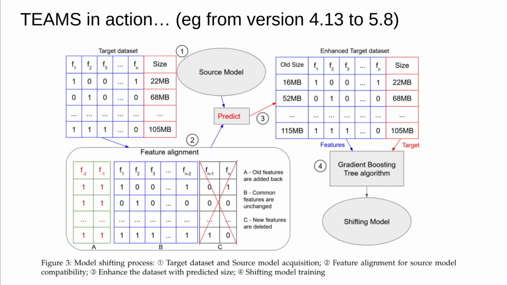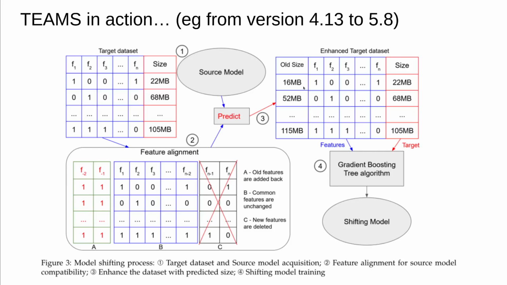Just to give you a glimpse of the behavior of Teams, we have a source model. For the source version 4.13, we use the predictor that has been trained on the source model, and we use this predictor across a new training dataset of the targeted version. So let's say version 5.8.